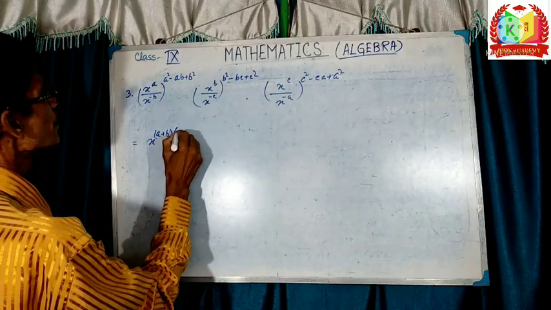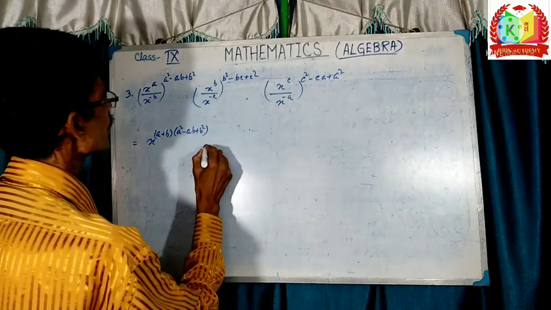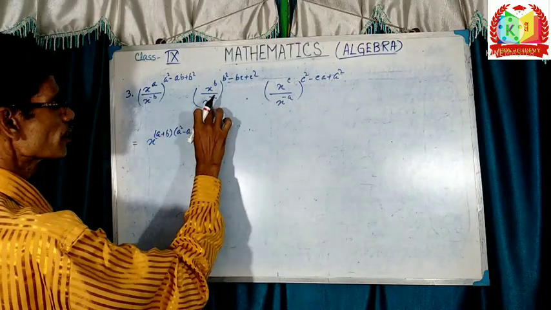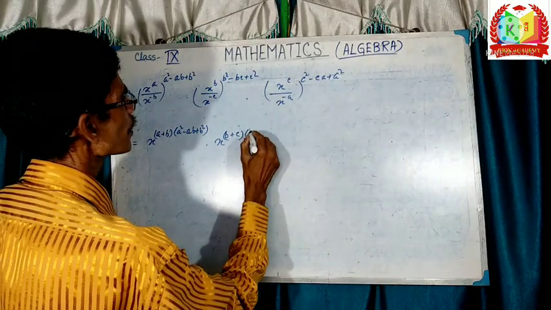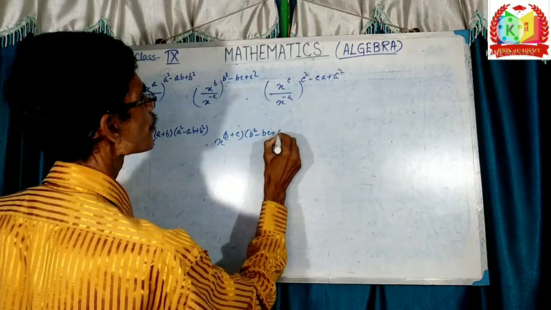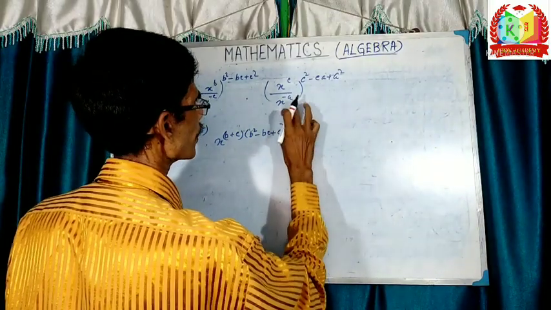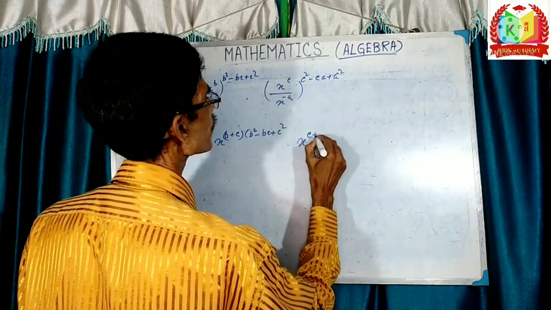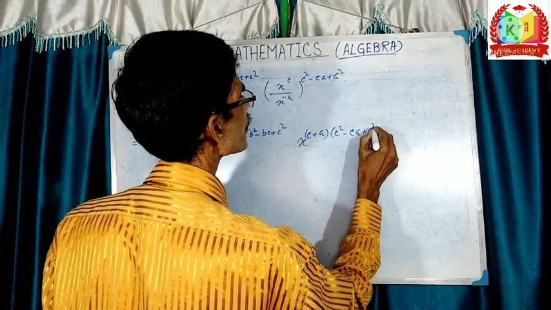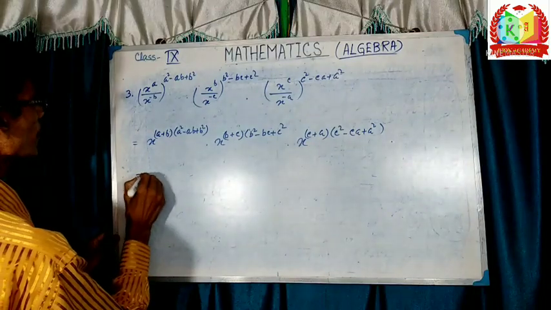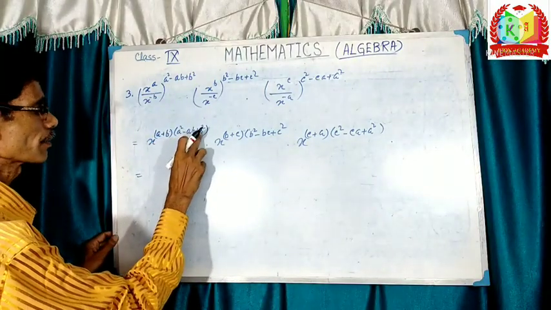So I can write a plus b into a square minus ab plus b square, into x to the power b by x to the power minus c, x to the power b plus c, into this portion b square minus bc plus c square, into x to the power c by x to the power minus a, x to the power c plus a, into c square minus ca plus a square, equal to here a plus b into a square minus ab plus b square.